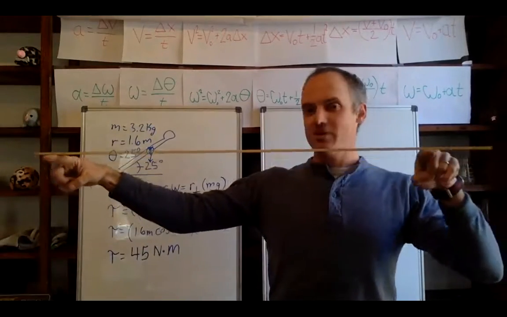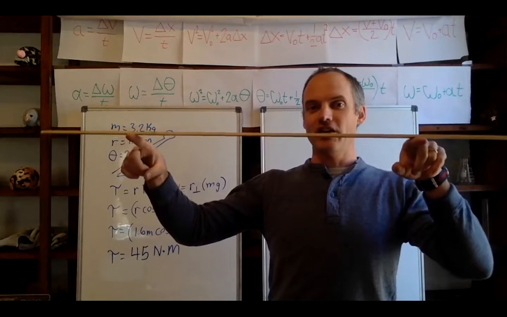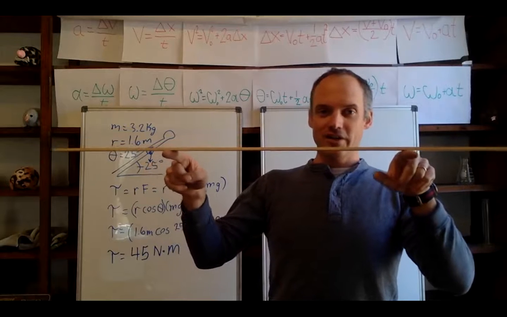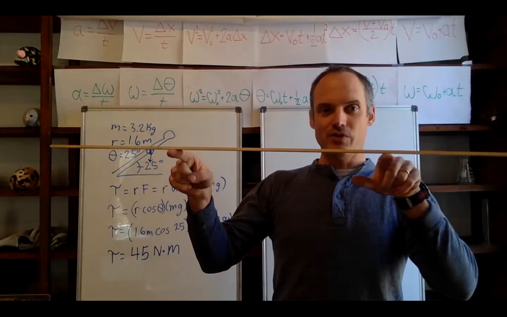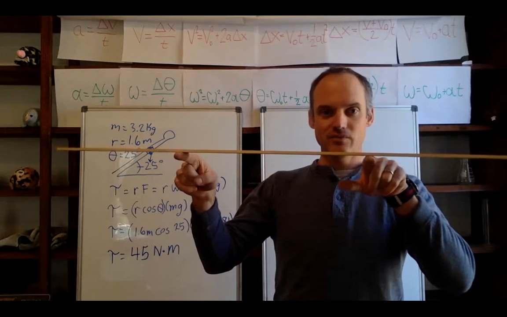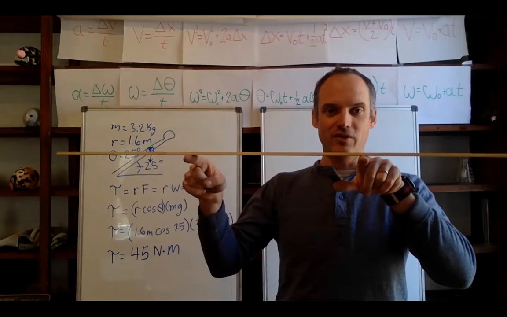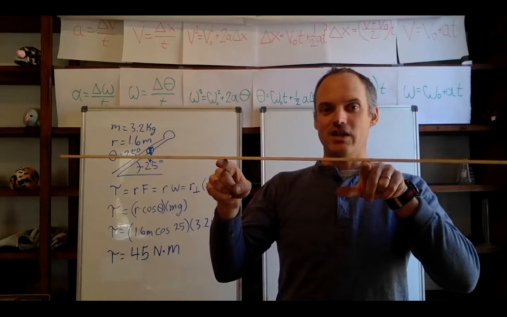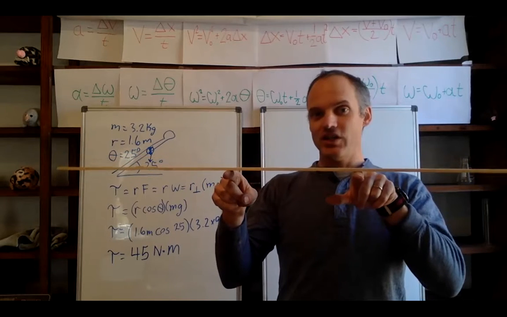If I balance the meter stick on my fingers and pull my fingers together, what you'll notice is if I move them slowly, one finger will stop and then the other one will slide until the weight gets heavier on that one finger, and then the other one will slip and move, and then it will get stuck, and then the other one will slide. That has to do with static friction and kinetic friction.